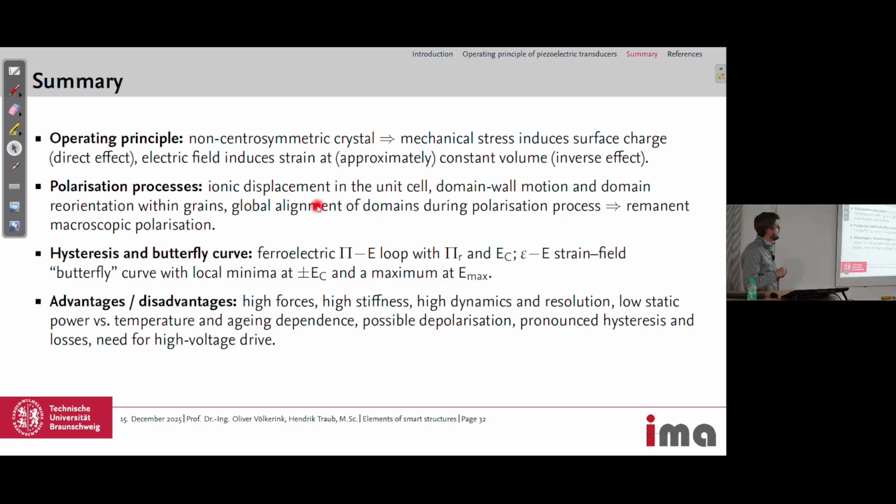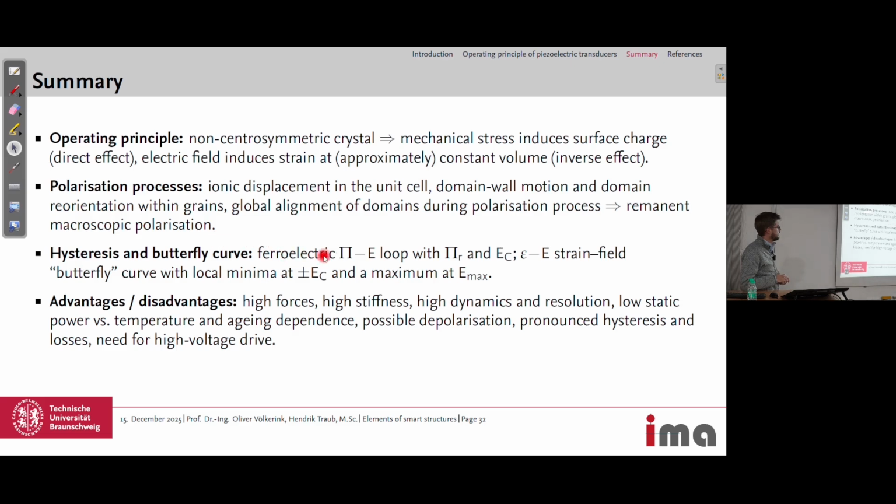So the ionic displacement in a unit cell, domain wall motion, and domain reorientation within the grains, the global alignment of domains during the polarization process leads to the remanent macroscopic polarization, which we then can use macroscopically. And we have these two typical curves, the hysteresis and the butterfly curve.